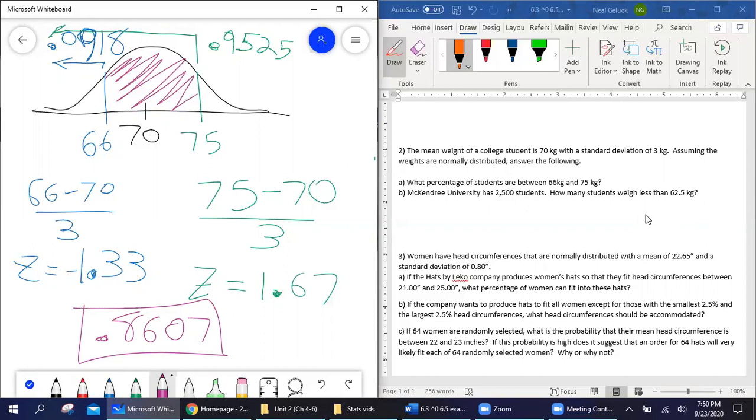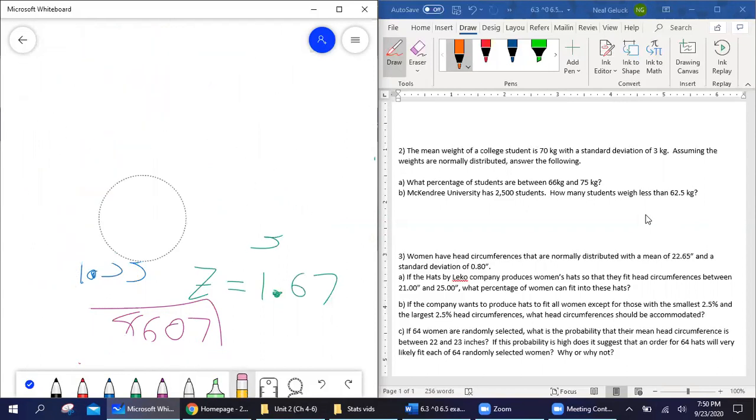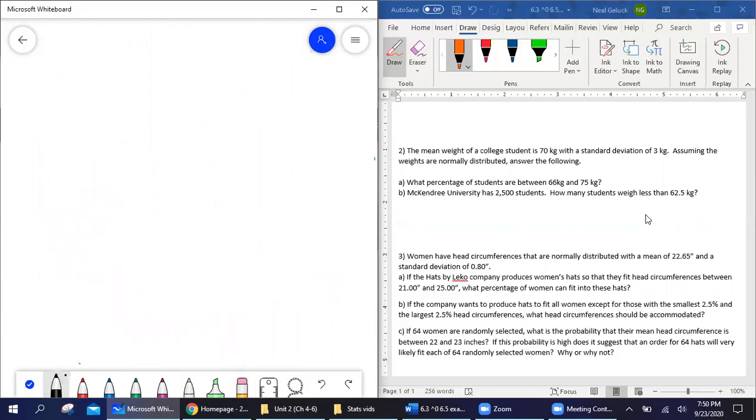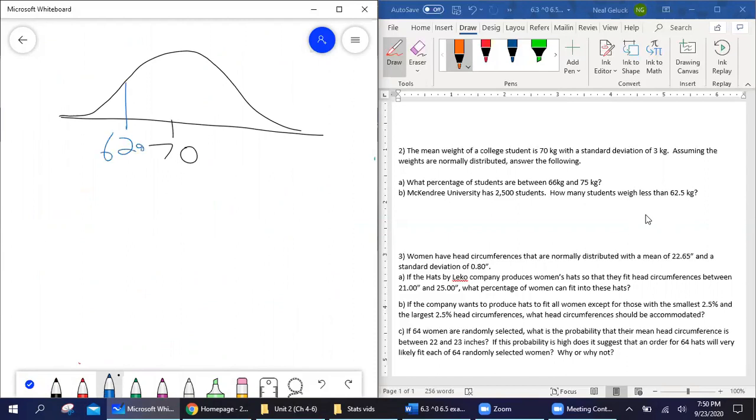For part B on this one, let's say McKendree has 2,500 students. I think it's actually less, but we're going to go with that. How many students weigh less than 62.5 kilograms? Okay, so I've got a new X number to deal with, 62.5. I first have to figure out what's the probability of weighing less than 62.5. So I want that area. So I need to convert it over to a z-score.